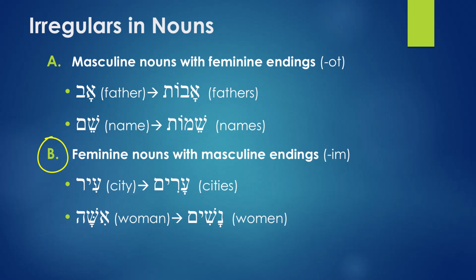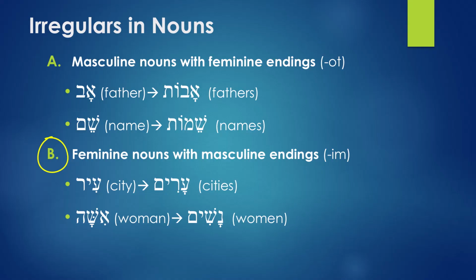Another example is the word isha. Isha means woman. If you want to say women, it becomes nashim. What has happened? Instead of it being nashot, it has become nashim. Nashim, meaning women. And this is an irregular noun.